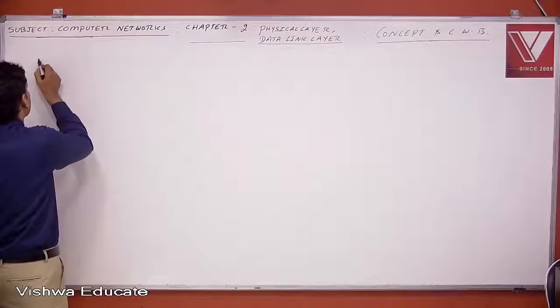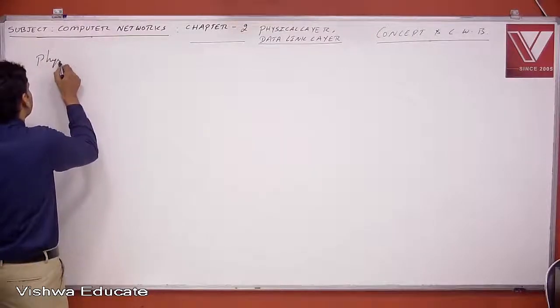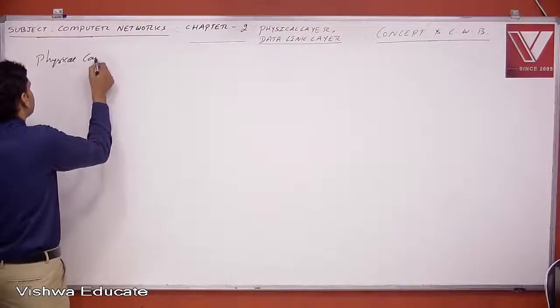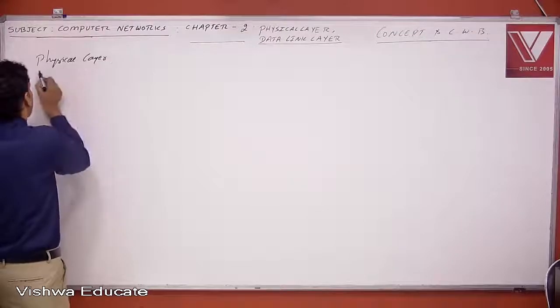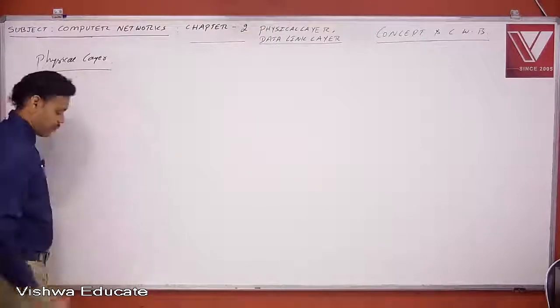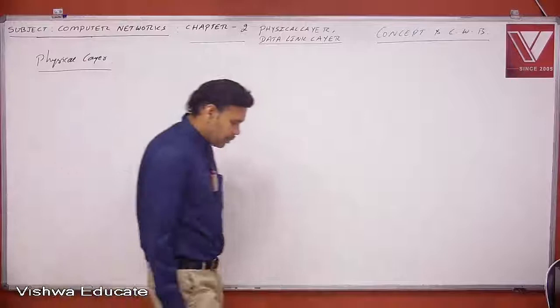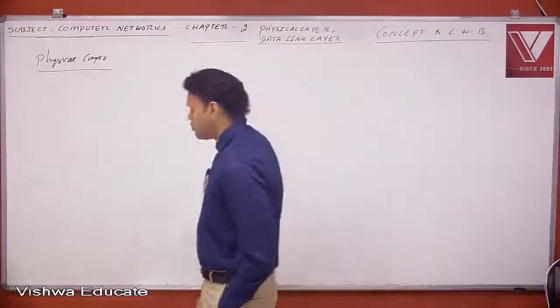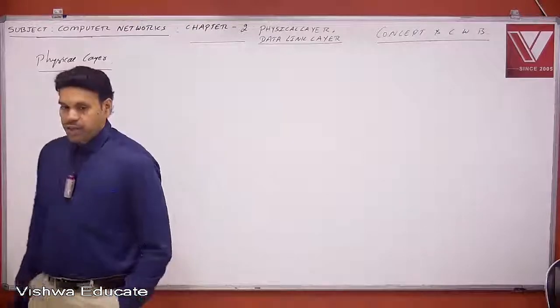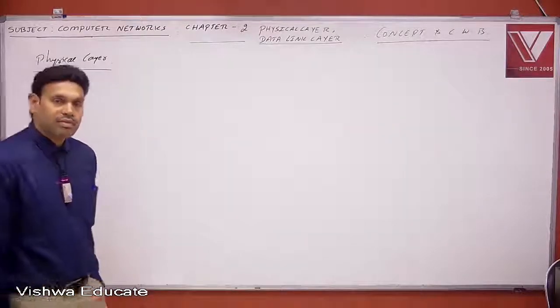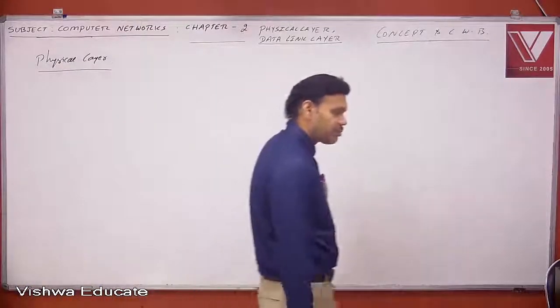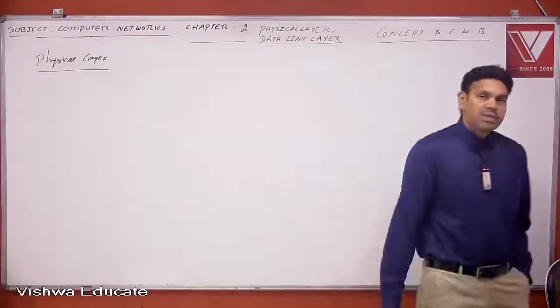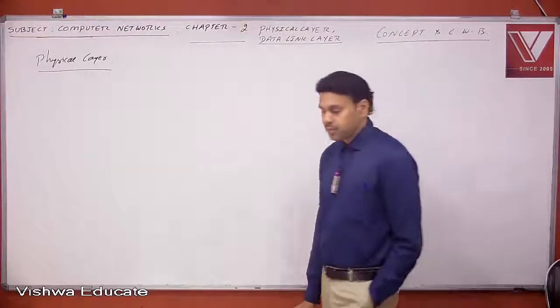Now what is the concept of the physical layer? First let me discuss the physical layer. As we know, one of the responsibilities of the physical layer is that it deals with the physical characteristics of the medium. What are the physical characteristics of the medium?